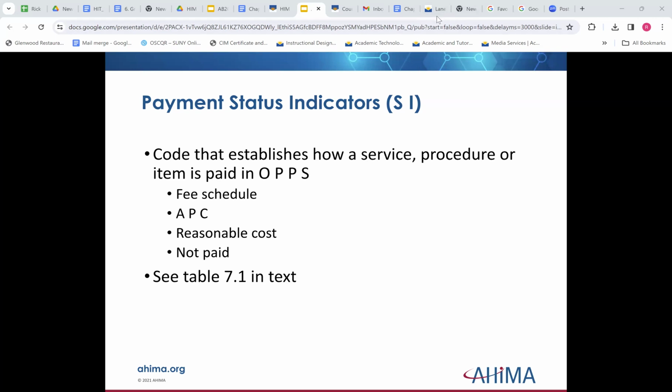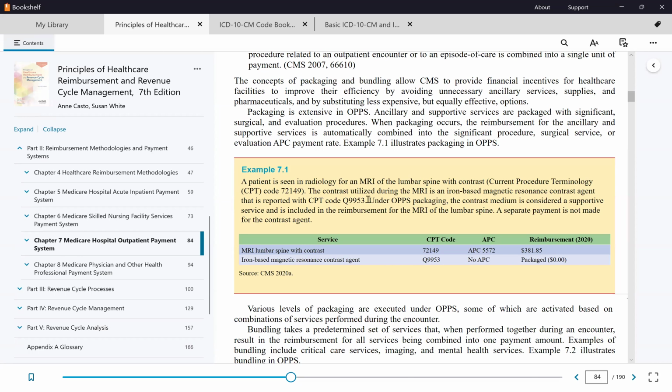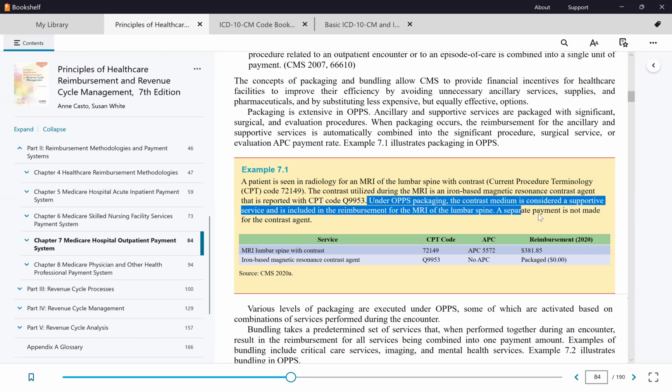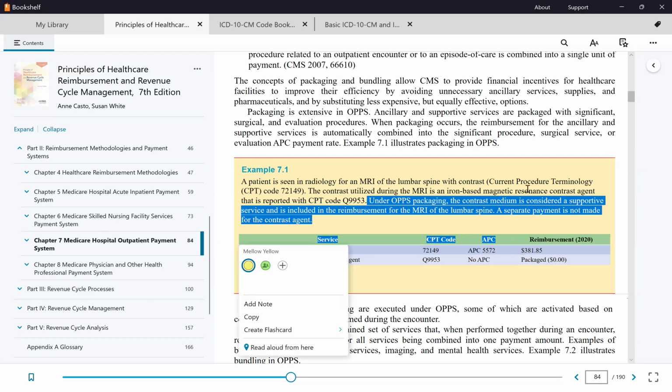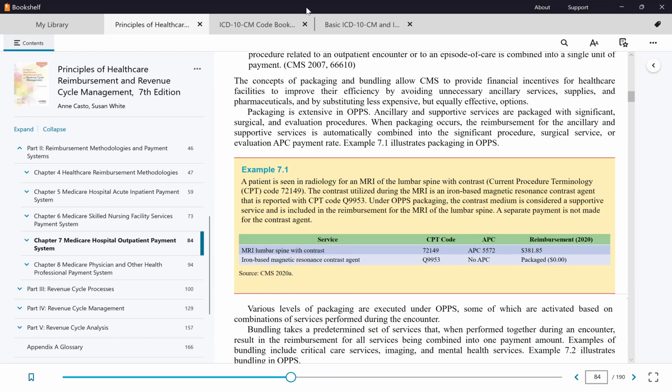So let's take a look at what that means per our example in 7.1. And you can see that right here. We have under the OPPS packaging, the contrast medium, right? So it falls into this APC. This is how they're being reimbursed.